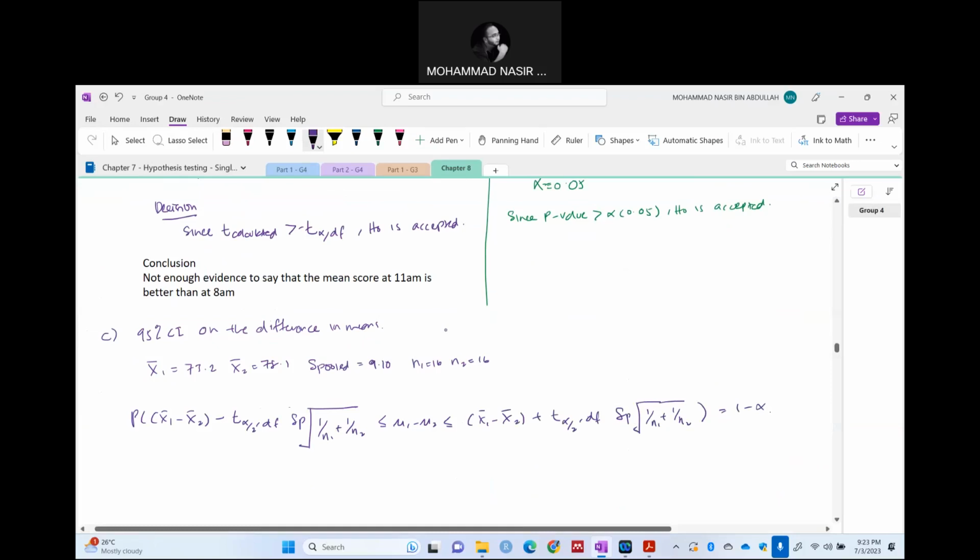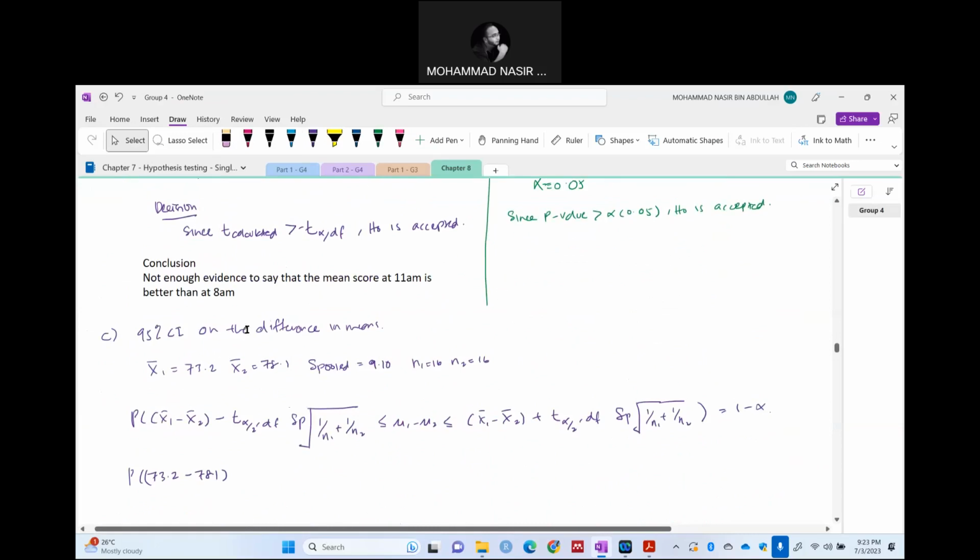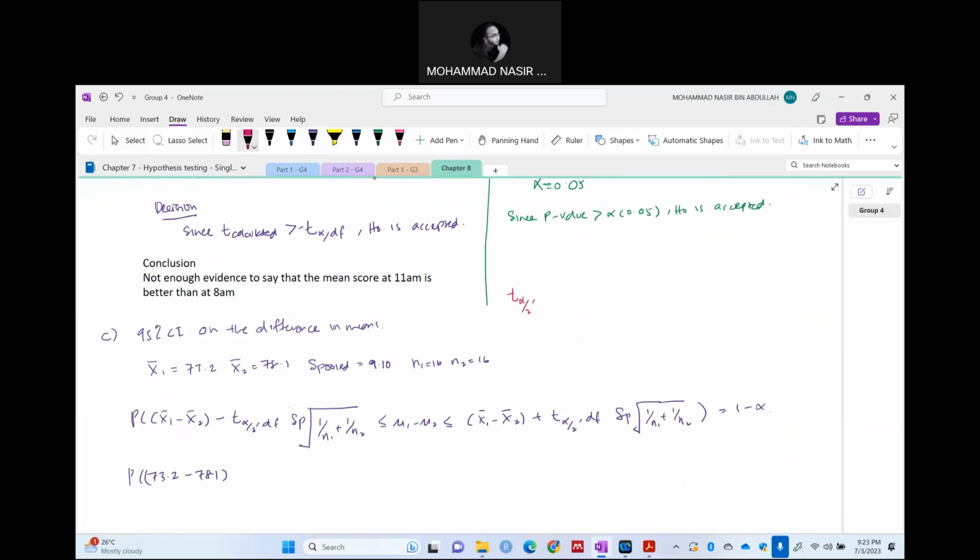Right? So we plug the values into the formula. This is 73.2 minus 78.1. In this case, just now we looked at the one-tail test, right? So here we have T alpha divided by 2 with degrees of freedom, which should equal T 0.025 with degrees of freedom equal to 30.